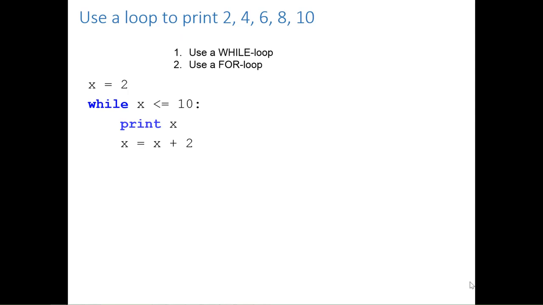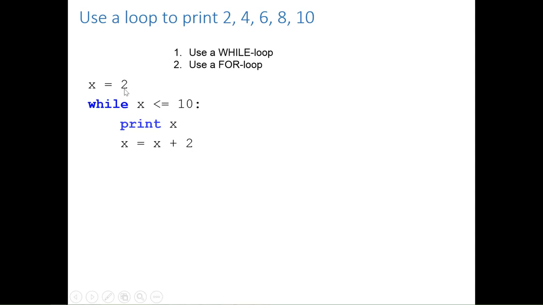So your while loop should look something like this one. The only thing that you might have done slightly differently is change your condition. You could say, for example, while x is less than 11, or some other variations.